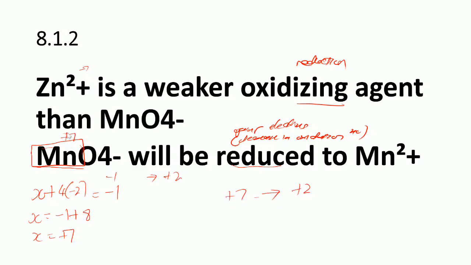So the manganese ion is reduced to Mn2+. That was a gain of 5 electrons from +7 to +2. Hope it makes sense.